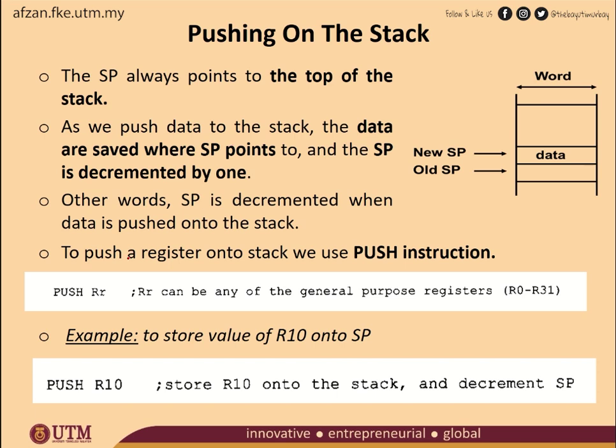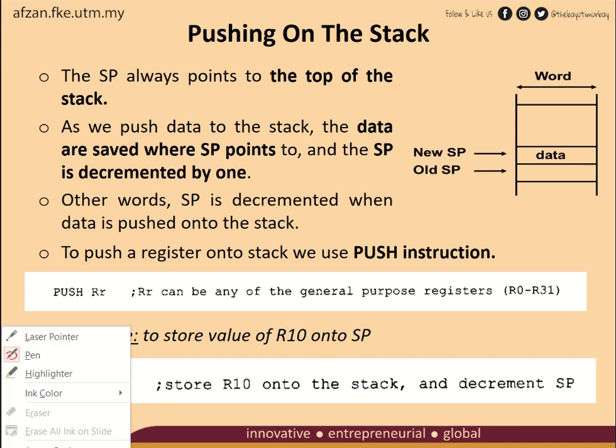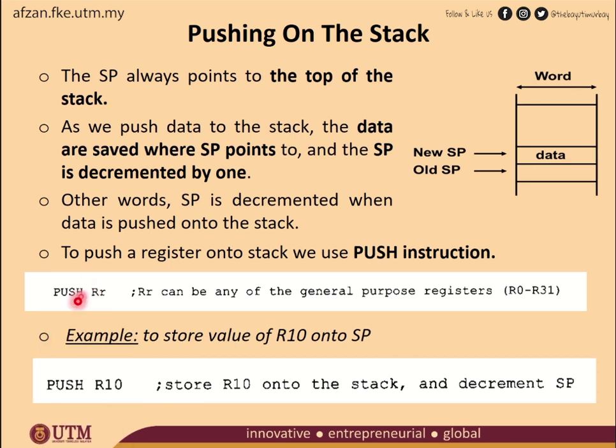So this is your instruction for push: PUSH Rr, in which Rr can be any of the general purpose registers from R0 to R31. For example, to store the value of R10 to the stack, you just use PUSH R10.